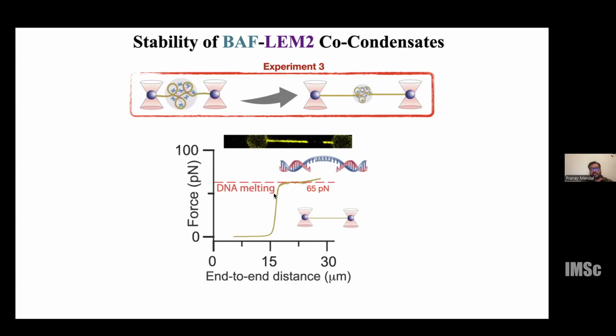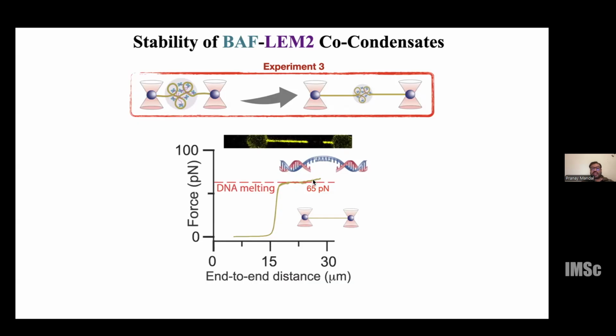A single piece of DNA follows the worm-like chain model. Now, when you keep on stretching, at a force of around 65 piconewton the force plateaus out. That means you cannot go beyond 65 piconewton, and what happens there is that a nick is formed and the DNA starts to melt.